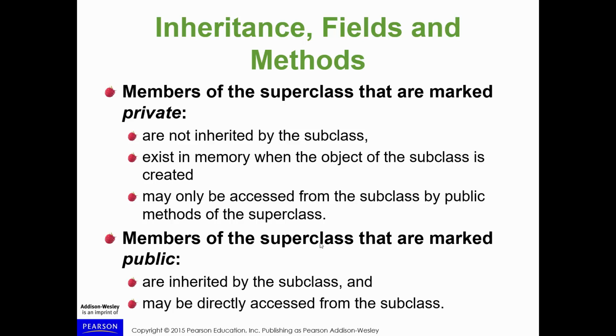One of the reasons that you typically create most, if not all, of your data members as private is so that you can use public get, set, and other methods to do the manipulation. Anything in the superclass that's marked as public is automatically inherited by the subclass and may be directly accessed from the subclass.